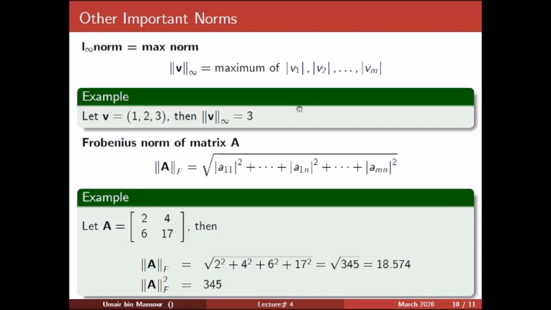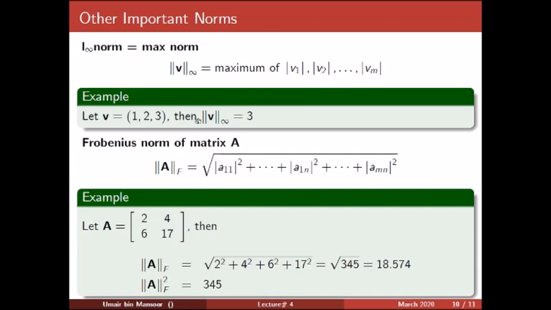Before we go to the example, let's go through some of the remaining norms, which are also very important. The L infinity norm is represented by the infinity sign, which says to pick the maximum value among the components of the vector.